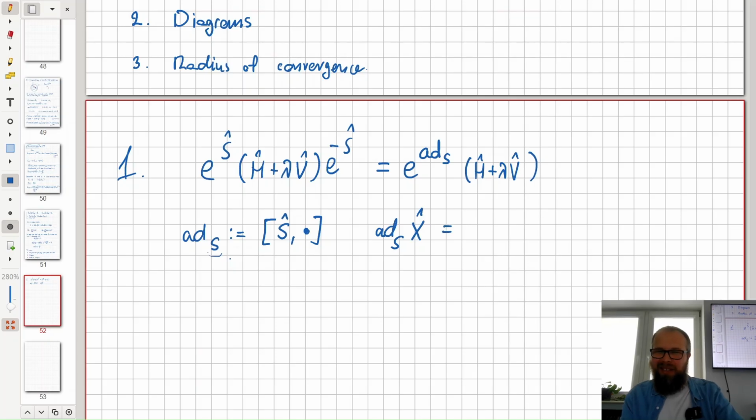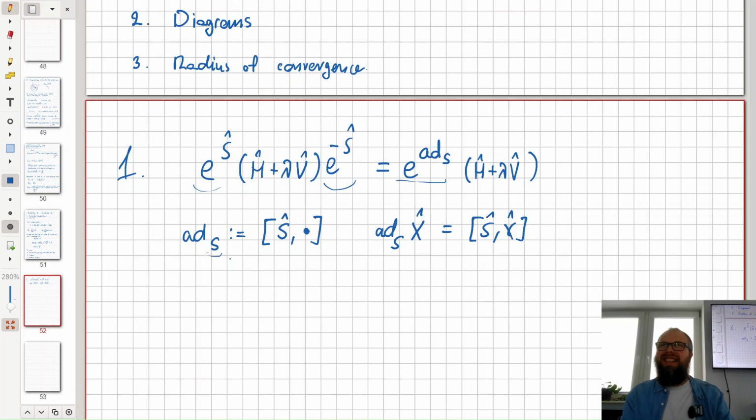This would give you the commutator of S with X, right? This is how you parse it, adjoint. And Y sandwiched with S, with a unitary and the unitary daggered. It boils down to this kind of formula.